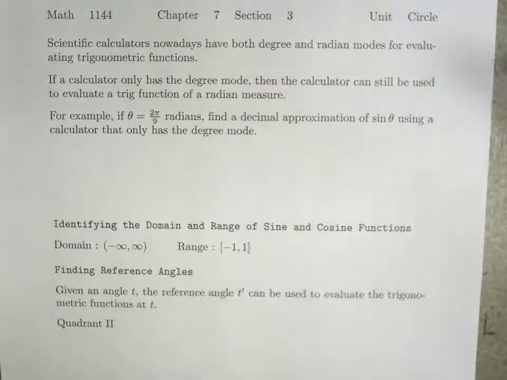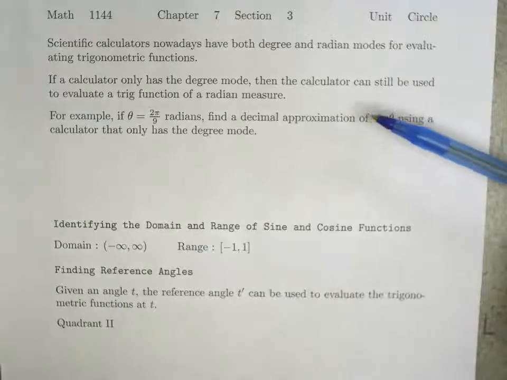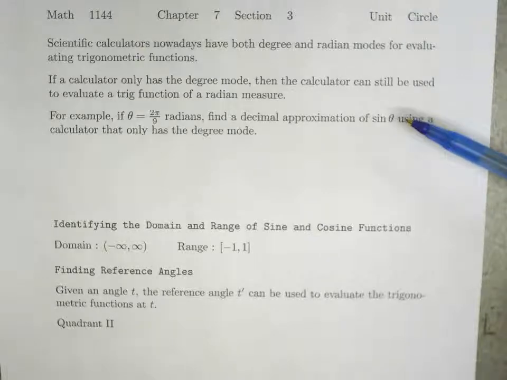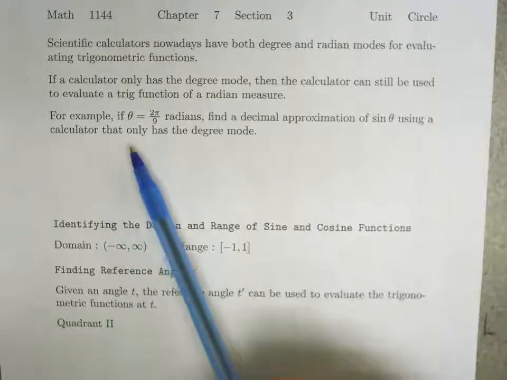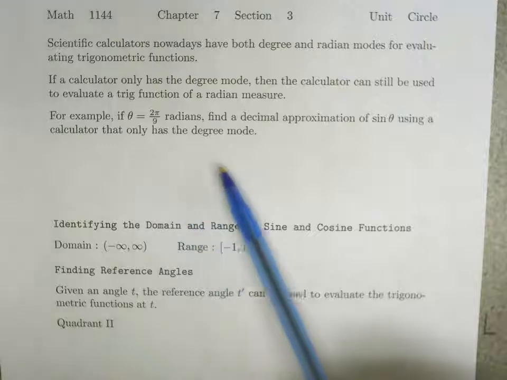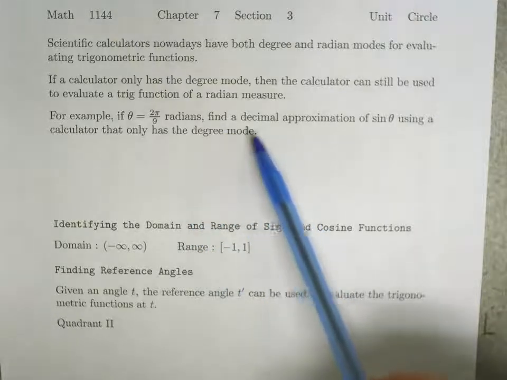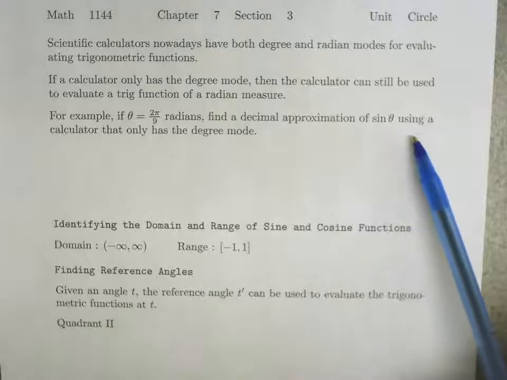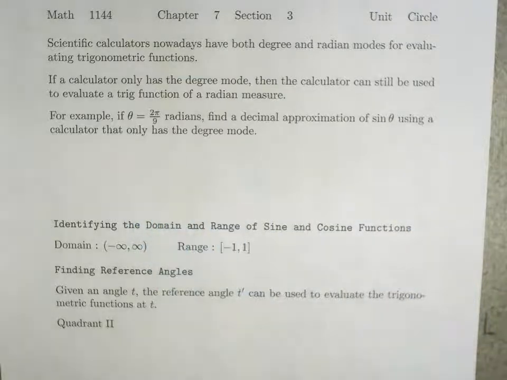If a calculator only has the degree mode, then the calculator can still be used to evaluate a trig function of a radian measure. So for example, if theta equals 2 pi divided by 9 radians, you can find the decimal approximation of sine of theta using a calculator that only has the degree mode.